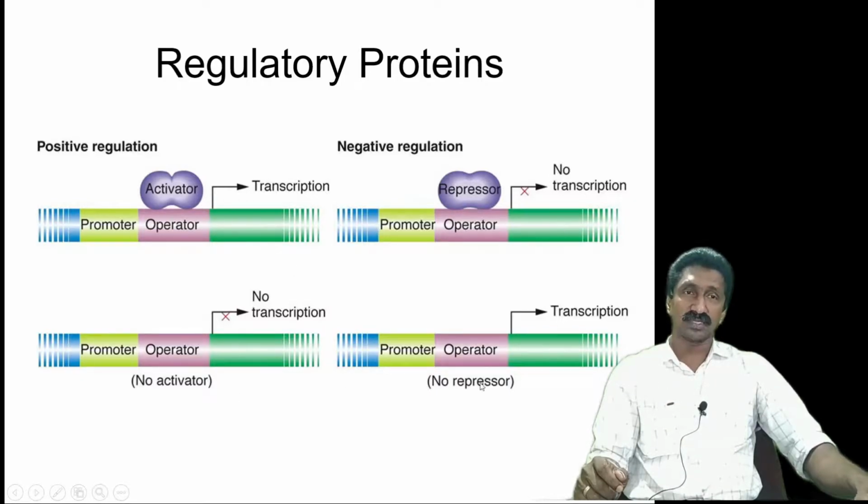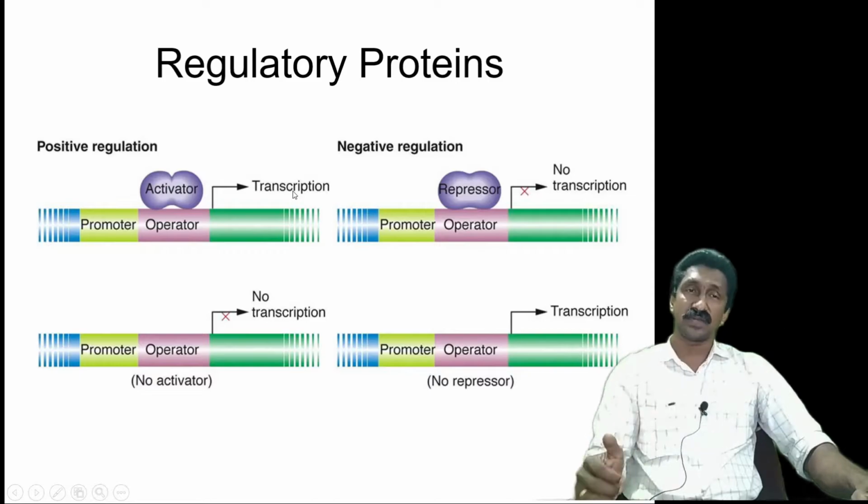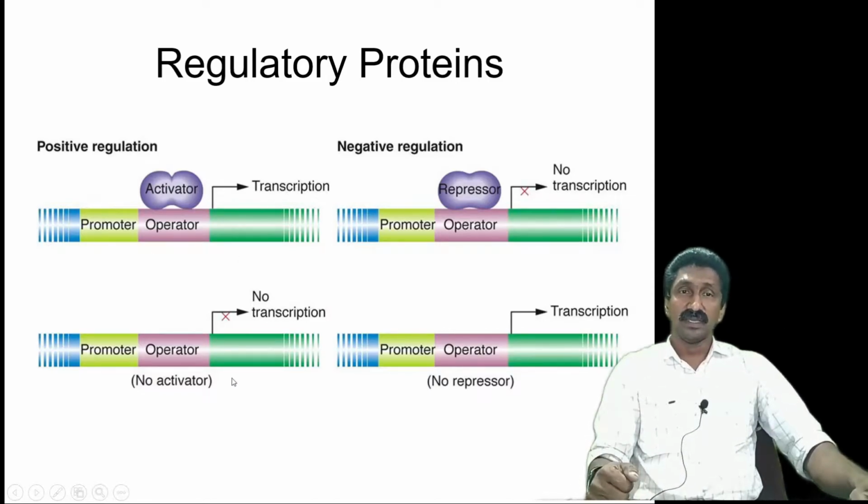The same structure is repeated in the same diagram. So an activator molecule can bind to the operator region in case of positive regulation. Once the activator is bound, it increases the transcription. That's why it's a positive regulation. So the activator or inducer molecule which binds to the operator will increase the transcription activity.